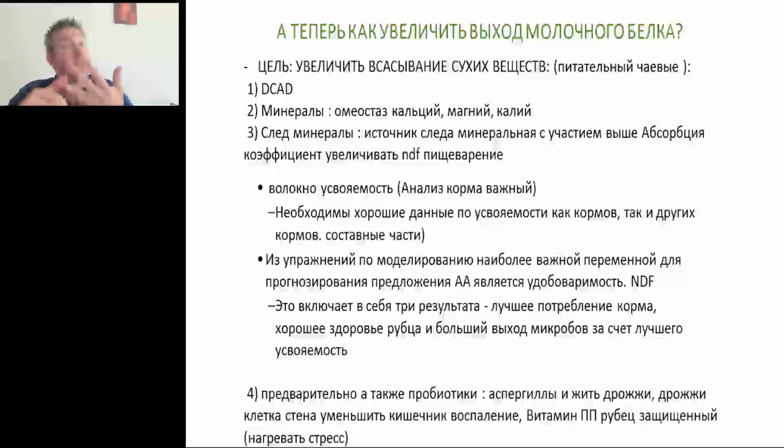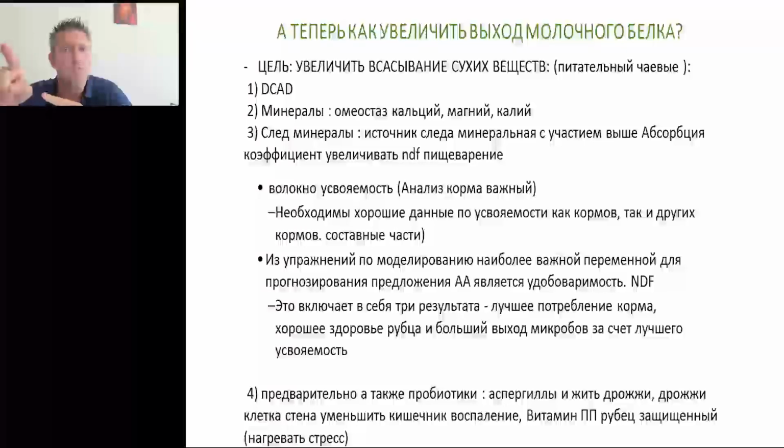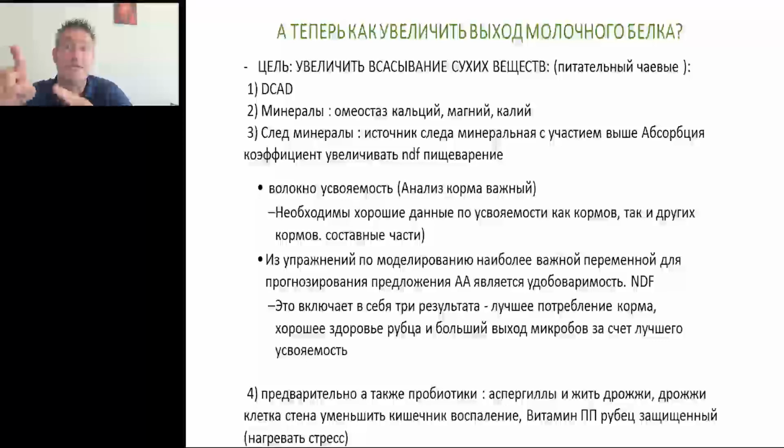And then the last generation of trace minerals are the hydroxychlorides, which have a double coefficient of absorption compared with the sulfates. And trace minerals have a big impact on fiber digestibility.